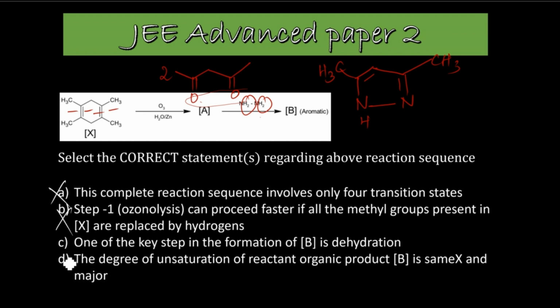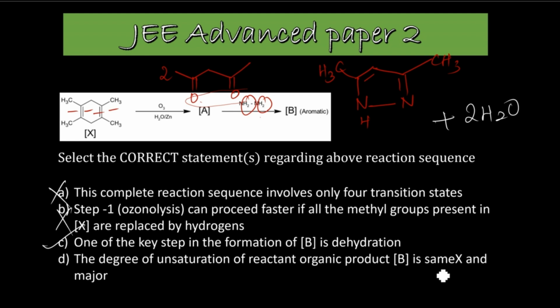One of the key steps in the formation of B is dehydration. That is true, as I told you, plus 2 moles of hydrogen got released. So that is true. And the degree of unsaturation of the reactant X is same as the organic product B, there is a big mistake over here.